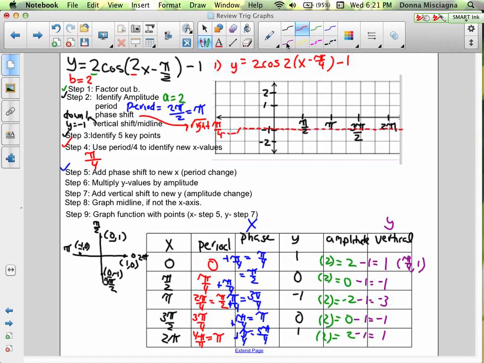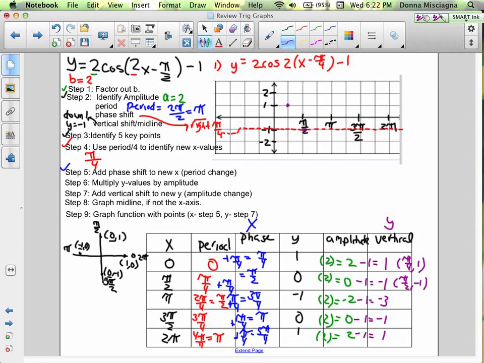Now we will graph our graph. So let's graph the point pi/4, 1. So that's right there. And then we have the point pi halves, -1. So that would have been an x-intercept, but because our graph's been shifted down 1, that point's shifted down 1. All right, but notice it is on our midline.